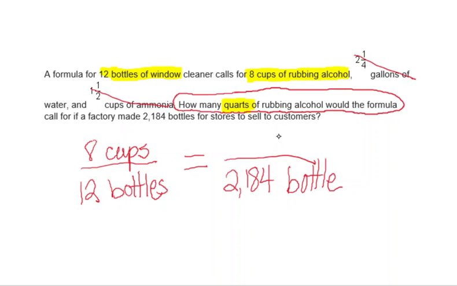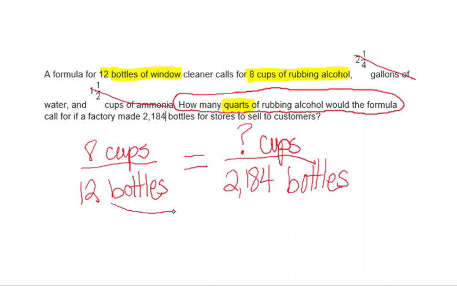So we can use this to create an equivalent ratio to figure out how many cups we would need for 2,184 bottles. Once we know how many cups, then we have to convert that number of cups to quarts. But first I'm going to try to come up with an equivalent ratio.